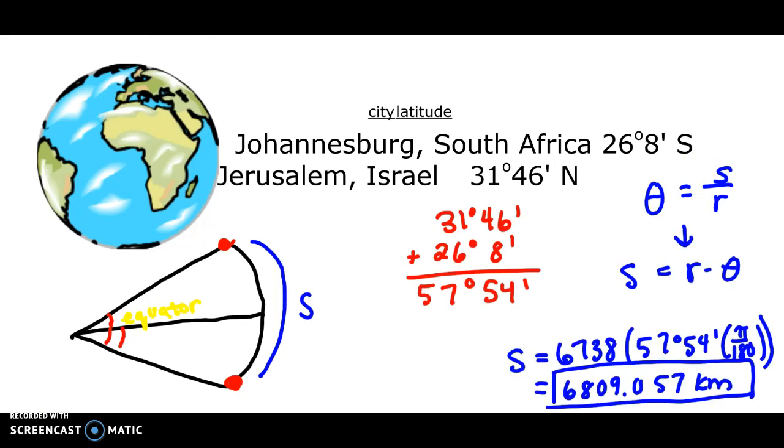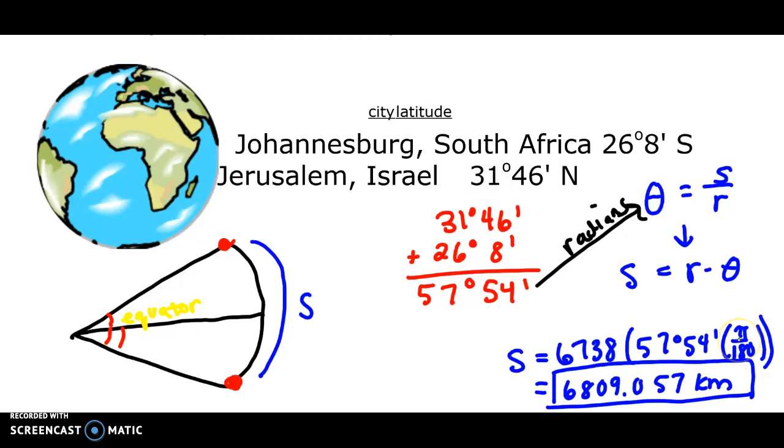Okay, so let's see what I did here. So I started by finding out, well, what is this angle here? What is this central angle? And I found that in terms of degrees, minutes, seconds, right? So I got 57 degrees, 54 minutes. However, notice that when I did plug that in for theta here, I needed to put that into radians, right? Which is why I multiplied it by pi over 180.